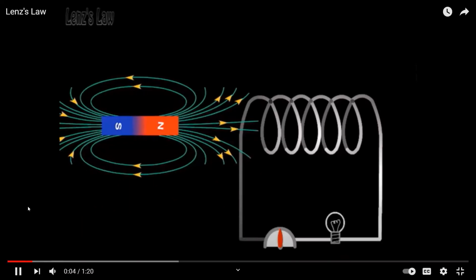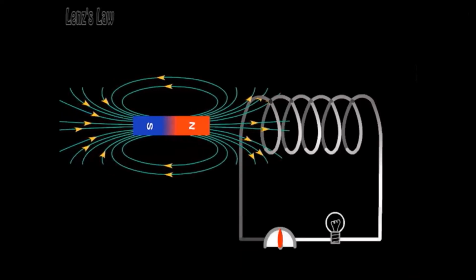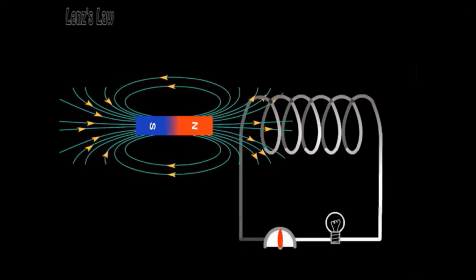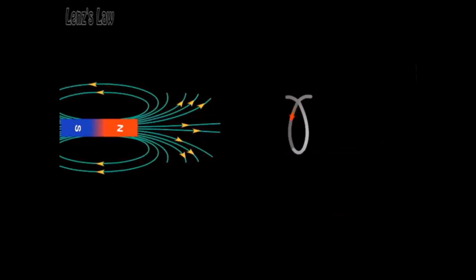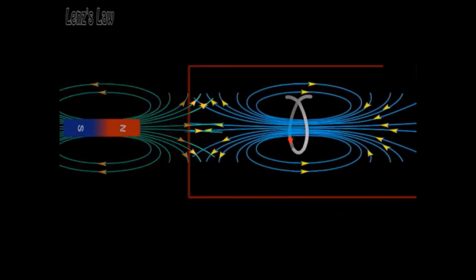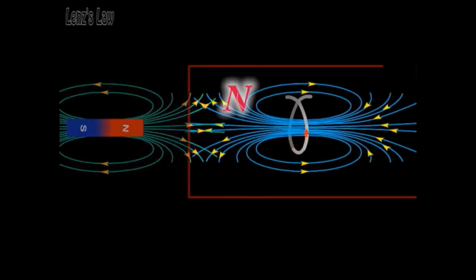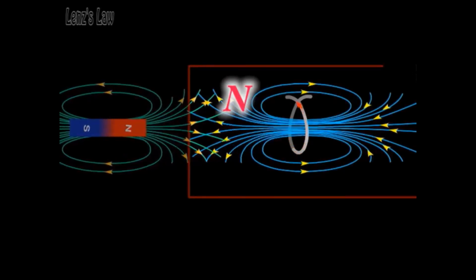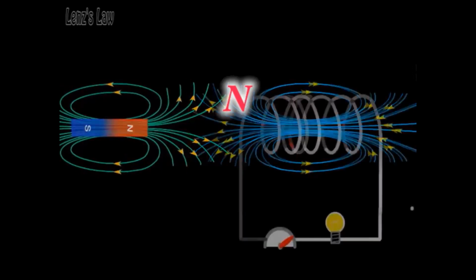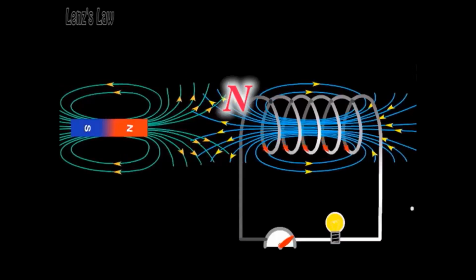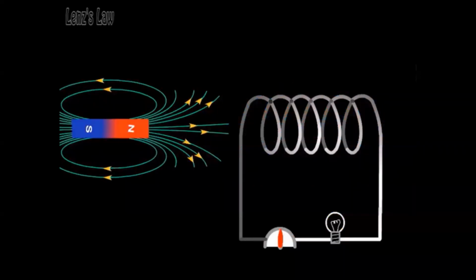Lenz's law helps us to find the direction of the induced current in a loop when it is placed in a magnetic field which is changing. As the magnet moves towards the solenoid, this induces current in the solenoid. The induced current creates a magnetic field. The loop produces a north pole to oppose the magnetic field of the approaching north pole of the magnet. When the magnet stops moving, there is no changing magnetic field.